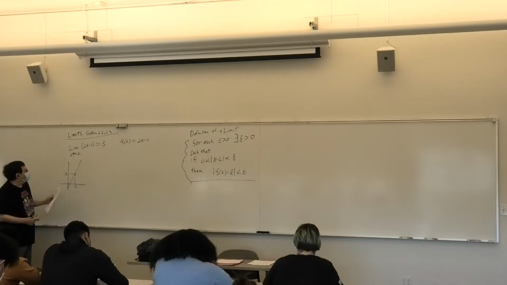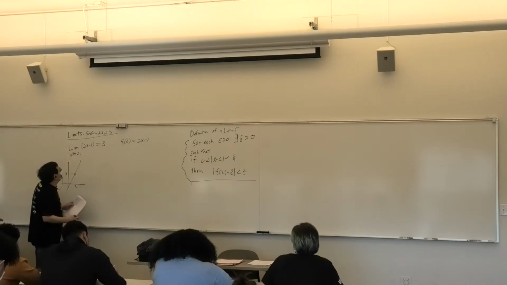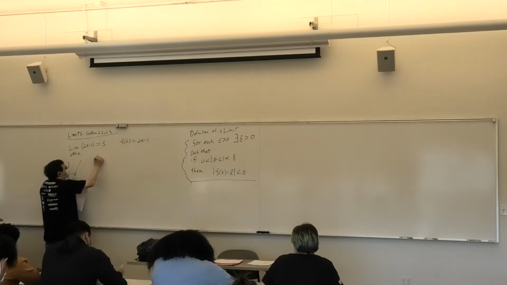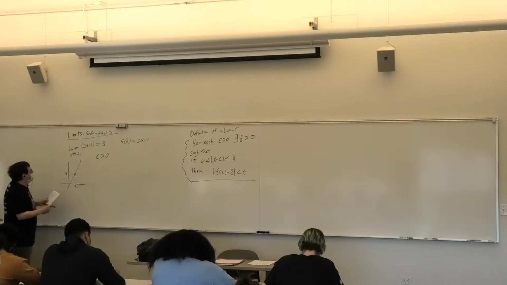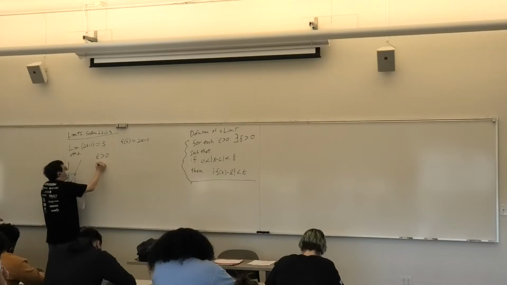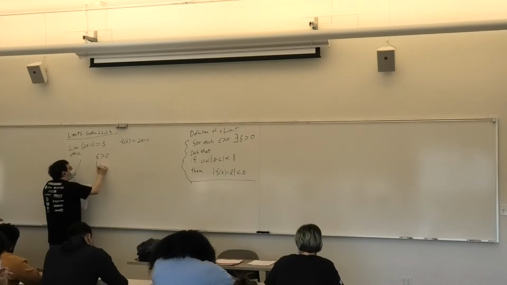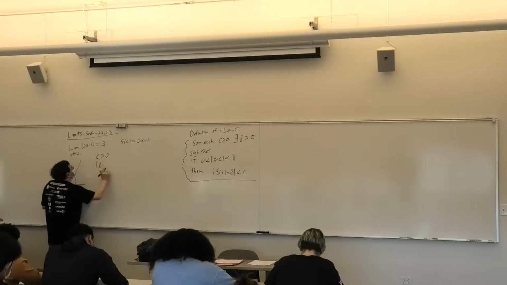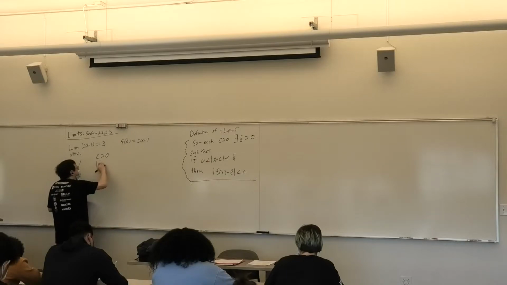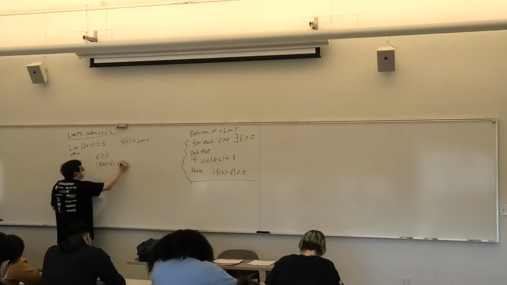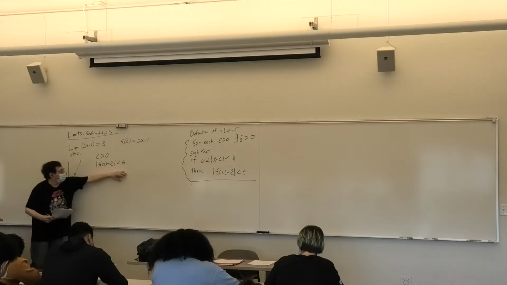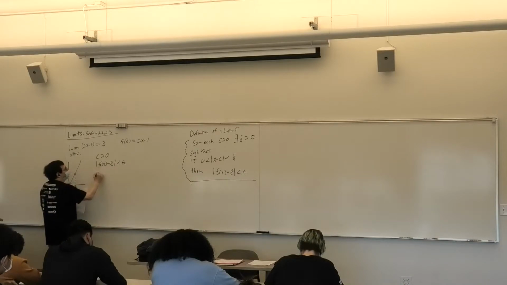Okay, so what we're concerned about is you provide an epsilon, a small number, and we want to know that our function minus the limit is less than epsilon. We want to squeeze that in there. So let's write that out.